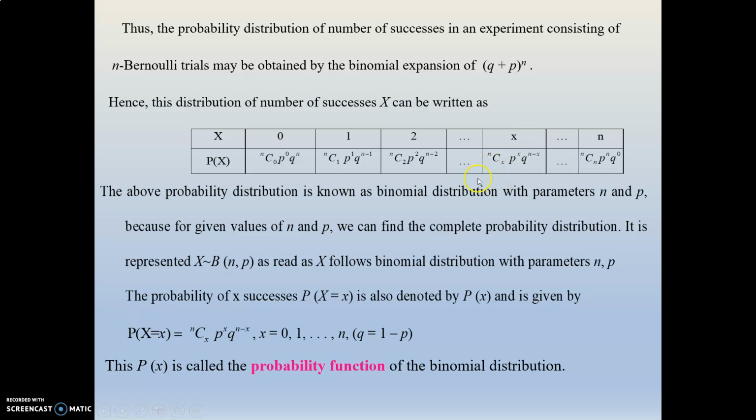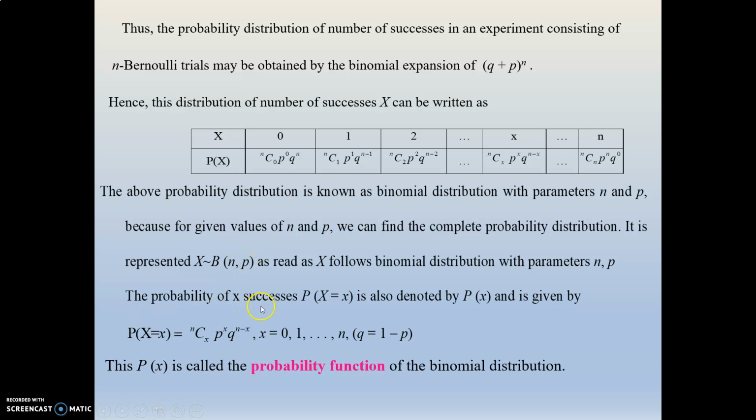n is the number of trials and p is the probability of success we are considering here. Because for given values of n and p, we can find the complete probability distribution. It is represented as X follows, which we read as X follows binomial distribution with parameters n and p.